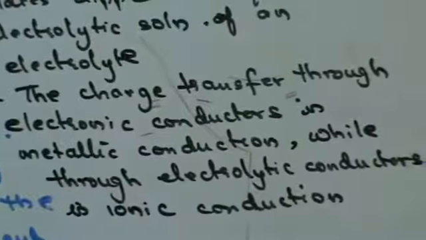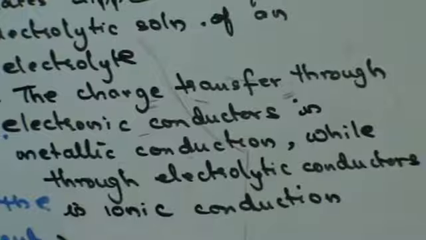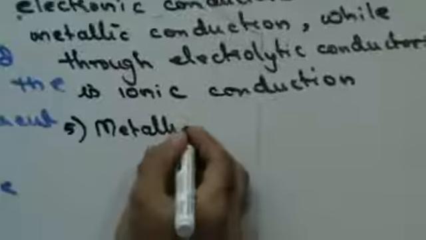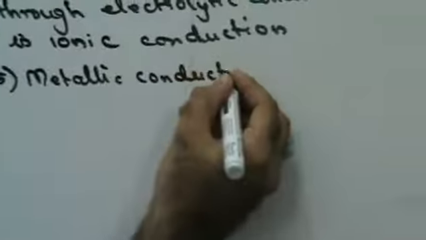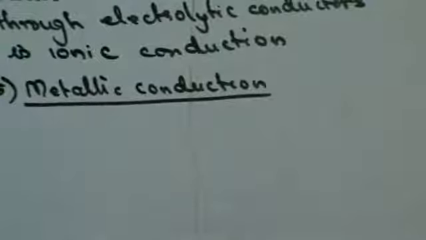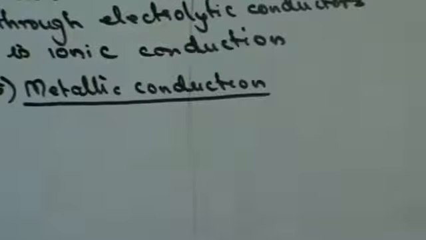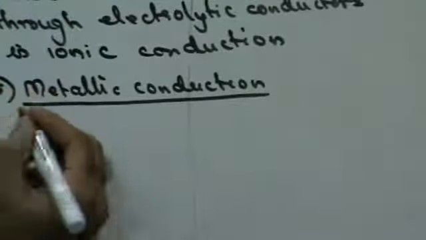Let's see in detail what we understand by metallic conduction and ionic conduction. What do I understand by metallic conduction? When the charge transfer is because of the flow of electrons in the metal, that is called metallic conduction.